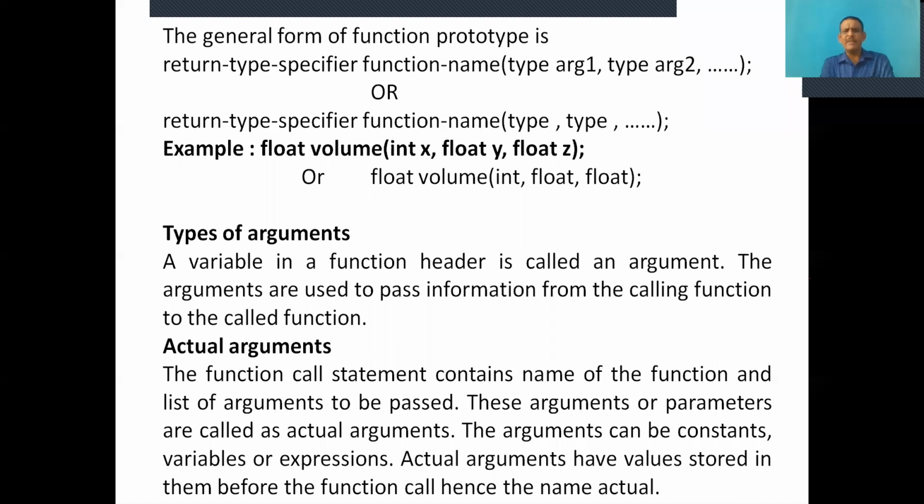In the beginning we studied that it is a variable. In the case of a function we call it an argument. That's why a variable in a function header is called an argument.